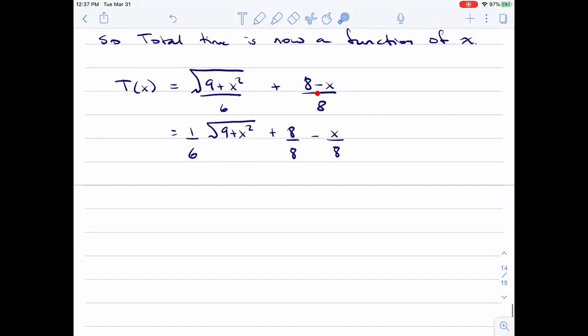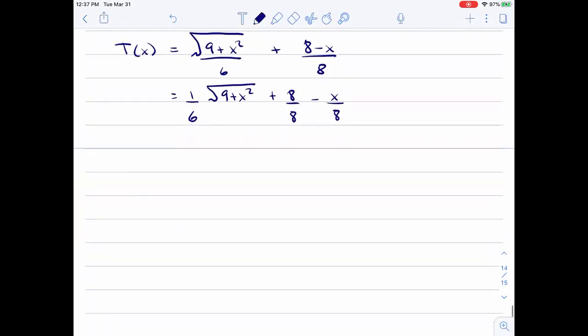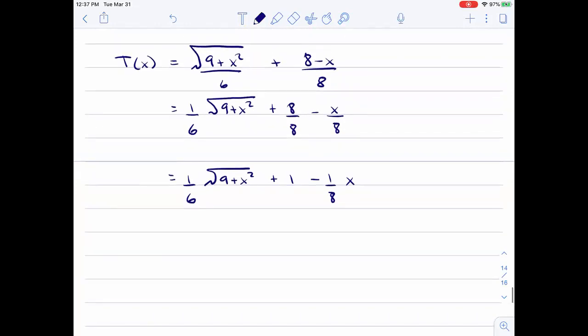Just breaking this thing up. 8 minus x over 8 we can rewrite as 8 over 8 minus x over 8. So this becomes 1 over 6 times the root of 9 plus x squared plus 1 minus 1 over 8 times x. This is just the function, T of x, that we want to minimize.